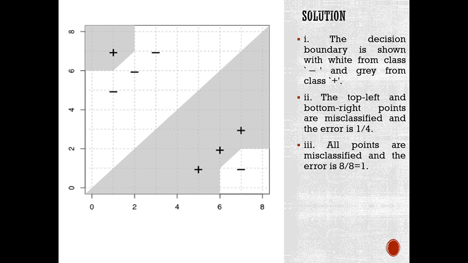We are dealing with LOOCV, leave-one-out cross-validation. So 1 out of 4 is misclassified, which is the same thing as 2/8, based on the data provided in figure 2.